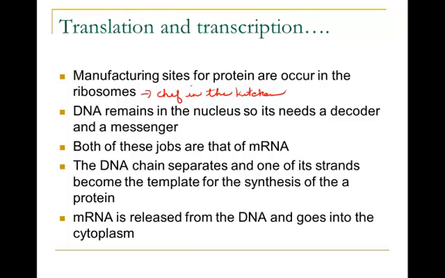So DNA, we're still in the nucleus, however. DNA is in the nucleus, and it needs a decoder. We need the messenger to bring the information back. So messenger RNA does that. DNA separates. It goes in, and one of its strands is the template for what we need.